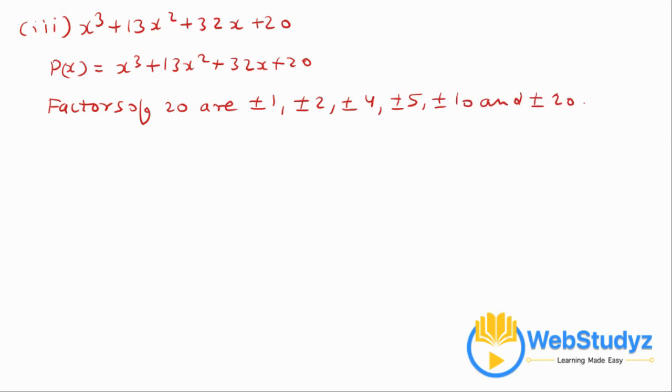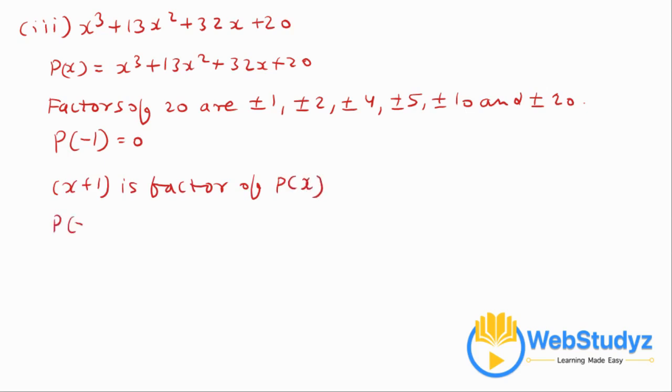Now, by the trial method, we found out that p at minus 1 comes out to be 0. So, that means x plus 1 is a factor of p(x).